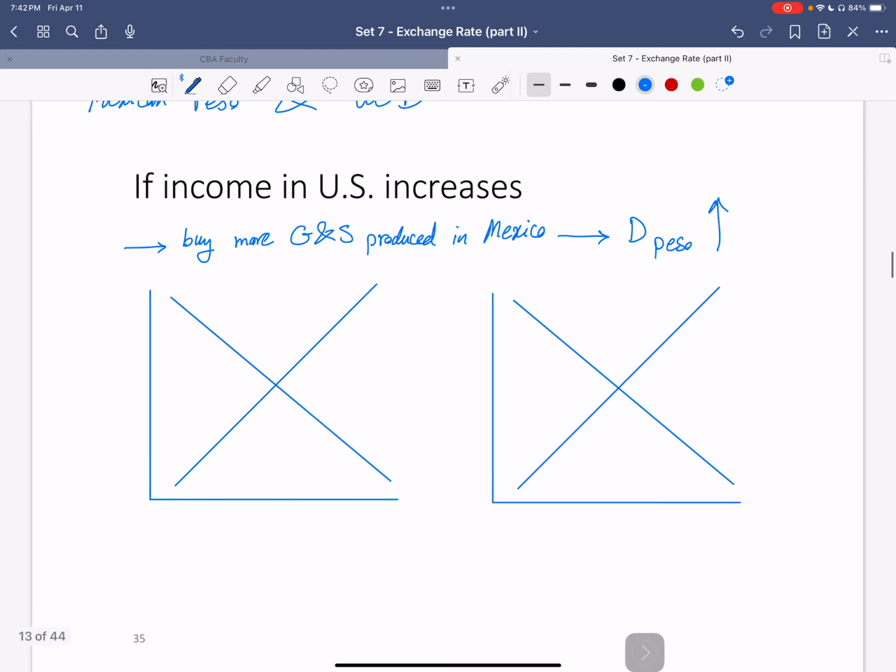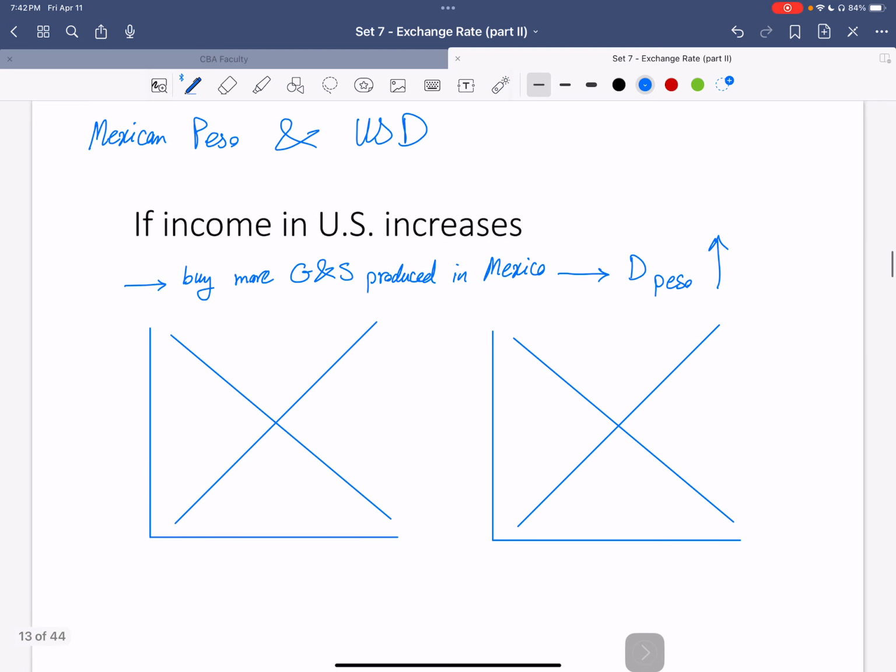We have the dollar market and we have the peso market. Okay, and we have supply for dollar, demand for dollar. I would again suggest you pause the video and try to label these two markets, supply and demand and everything, and then come back and see if you labeled them correctly, and then I will continue, okay?